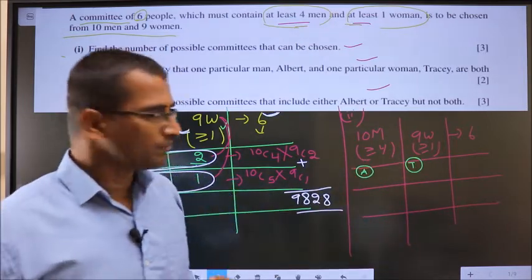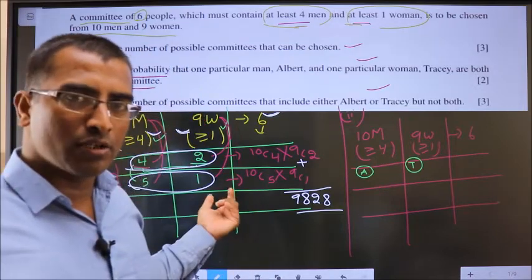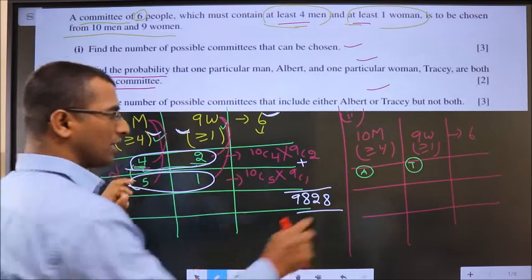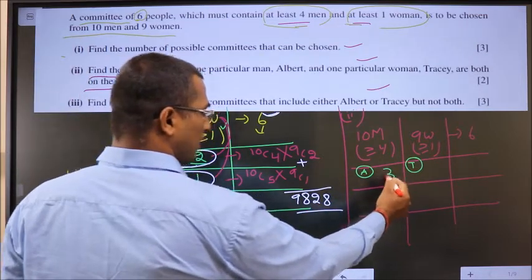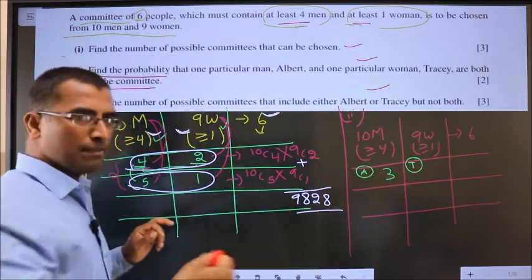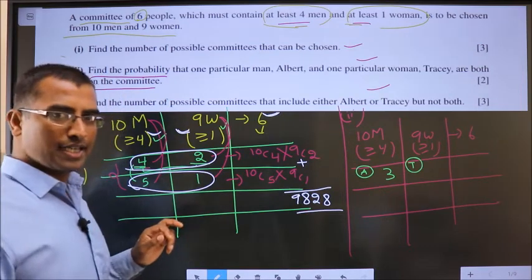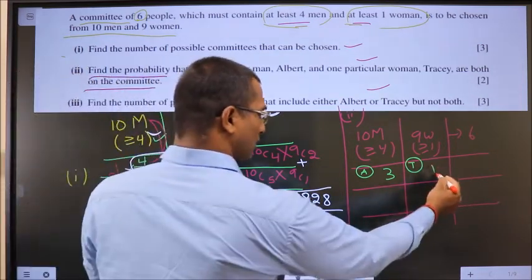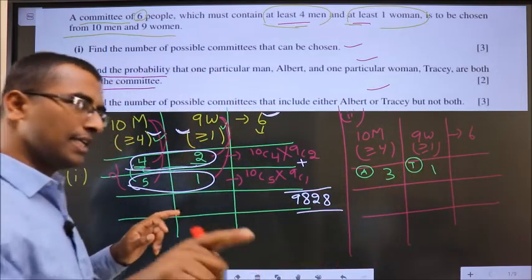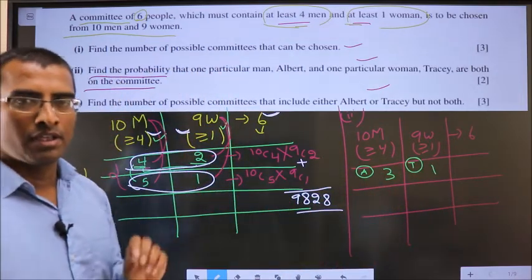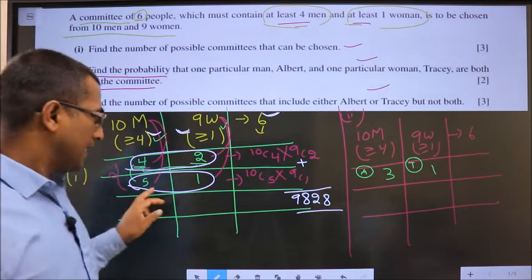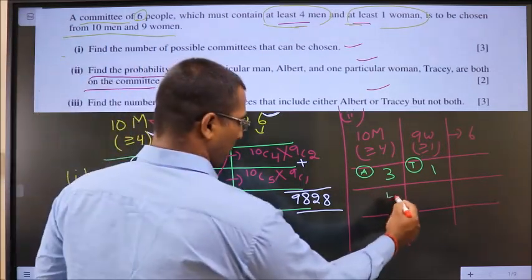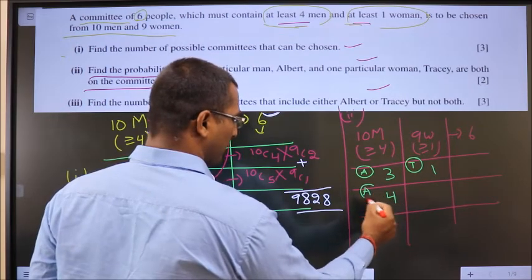Now what I do is I make use of first bit table. Earlier 4 men, so now I will make it 3 because 1 man Albert has already been selected. Earlier 2 women, so I will make it 1 woman because now 1 woman is already present in the selection. Clear? Now second row, earlier 5 men, so now I will make it 4, since Albert is already present.